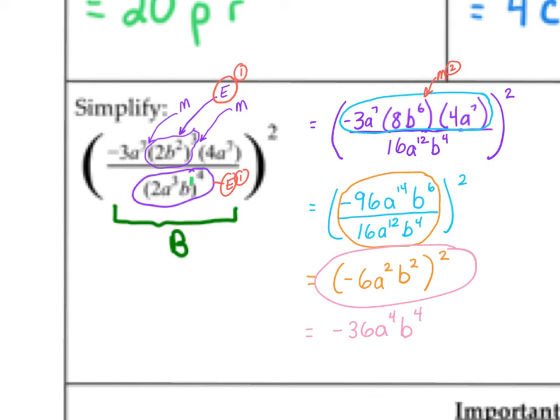And if you have to multiply the denominators, then you would do that as well. Then the division, which is the numerator divided by the denominator. And then now you have simplified all of the work inside the bracket. So now you can do that exponent on the outside of the bracket.